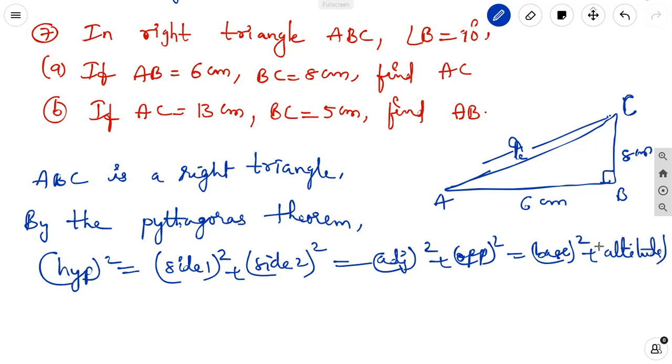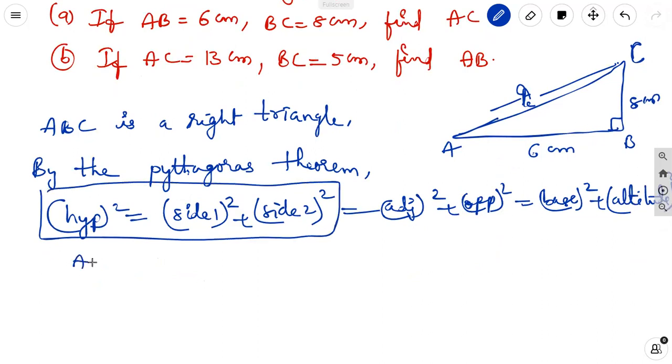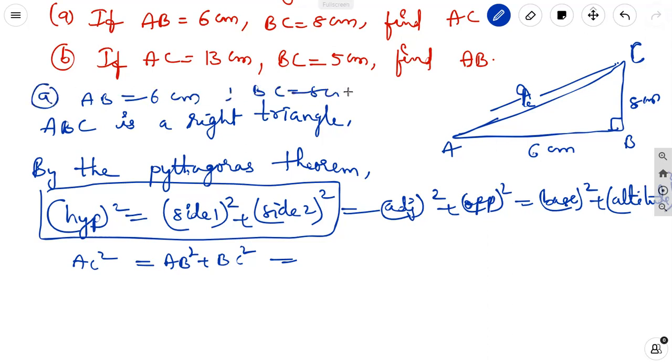We can take anything, but you should write the theorem. The hypotenuse square means AC square, so AC square equals AB square plus BC square. From this, AB is given as 6 centimeters and BC as 8 centimeters.